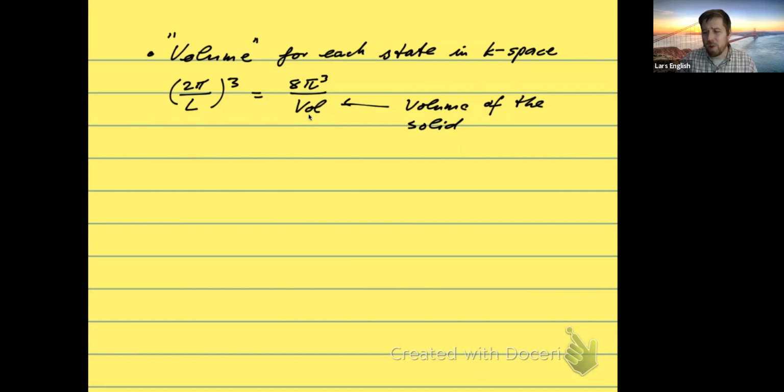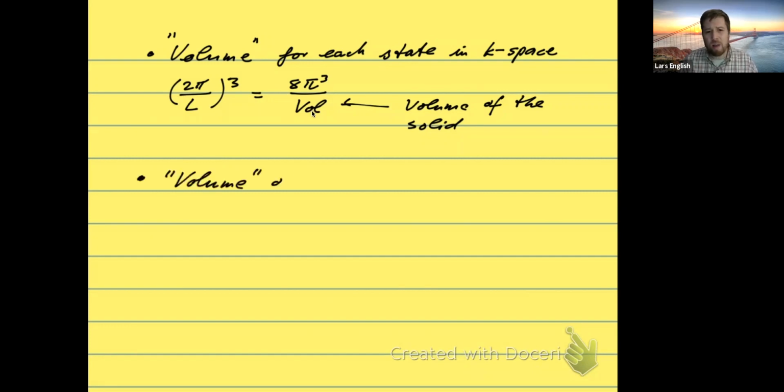And so we also see that it's inverse to the number of ions in the lattice. If you have more ions, then the whole crystal will occupy more volume. So in the end, we get this nice formula, 8 pi cubed over the volume of the solid. It's a tiny space, of course, because the volume is macroscopic and it's now in the denominator.